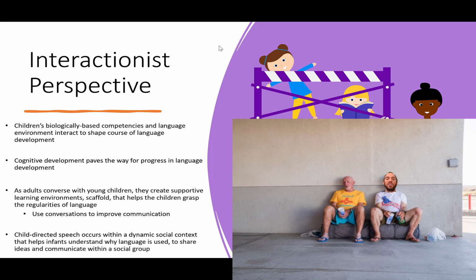One example is child-directed speech, a process wherein a parent will request a child to look at something in particular and maybe label it and just have a conversation about things they're observing. But we're going to get more into the specifics of that and particular components of child-directed speech in the upcoming slides.